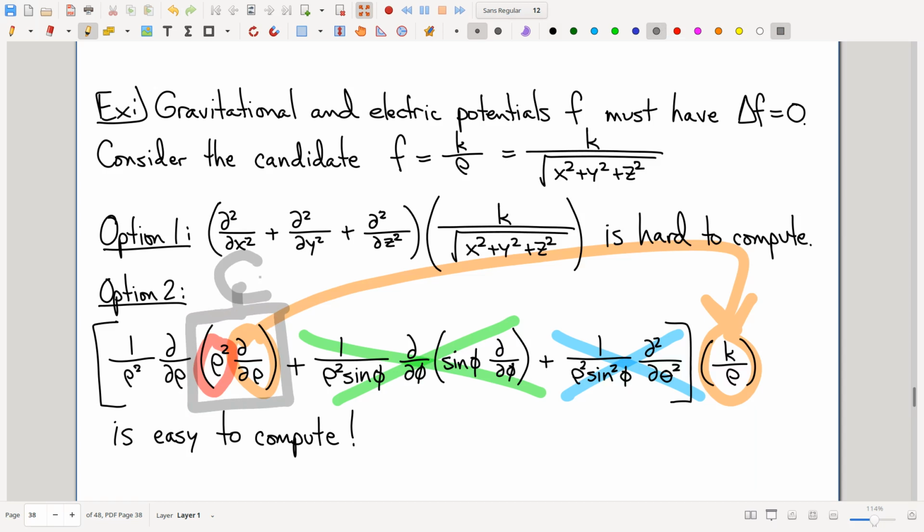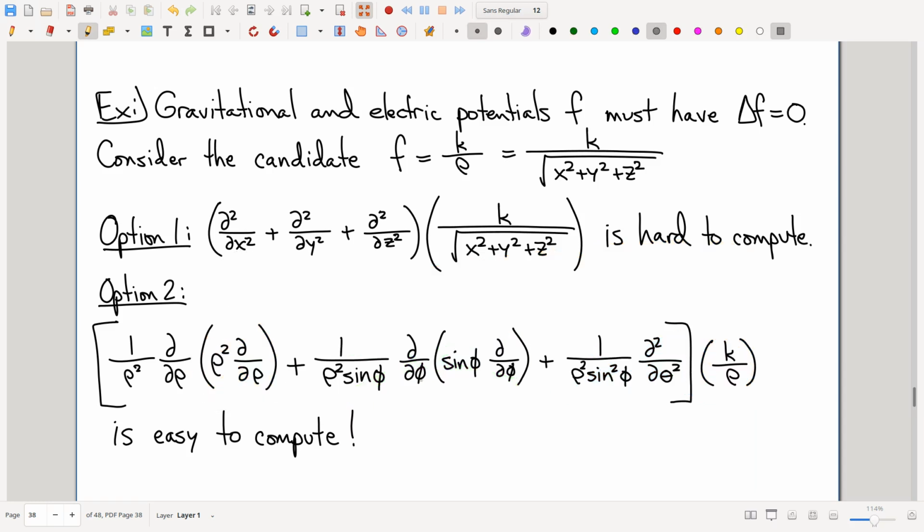And the rho partial of a constant is 0, and we win. Game over. Everybody with me? So it's just kind of beautiful. Everything just kind of lines up, right?